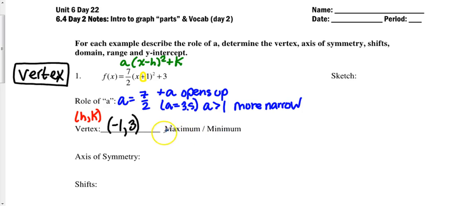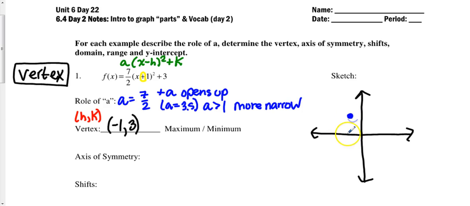Now we're asked to say, is this a maximum or is this a minimum? Before we go any farther, I think it's helpful to get ourselves a picture. We started to informally practice sketching in the last lesson, and now we're actually asked for the sketch. So let's plot the vertex first. Negative 1, comma 3 will be left 1, up 3. So we went left 1 and then up 3. How do I know how to sketch?